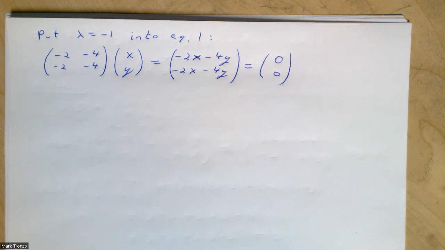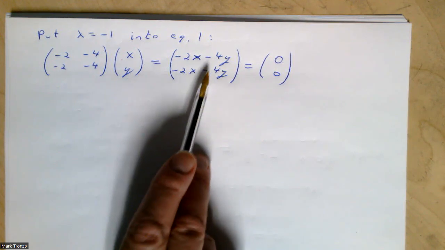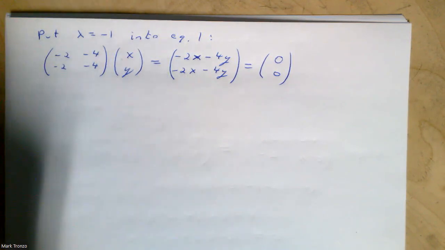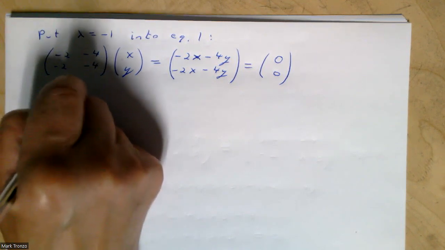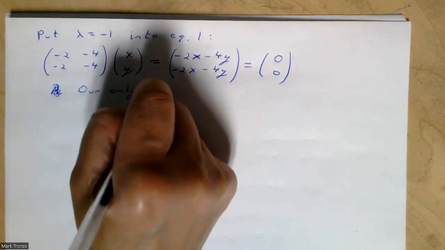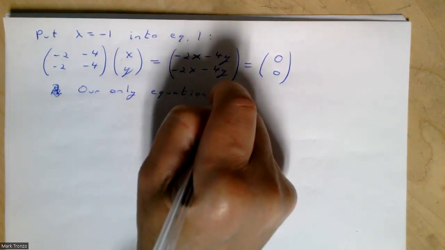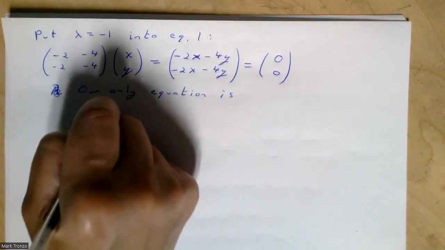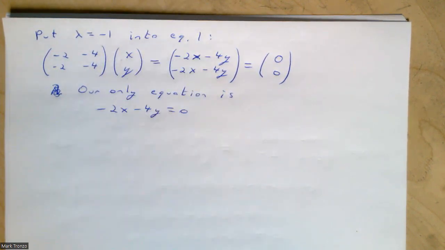And then we want to solve for x and y. Notice we really just have one equation here because these are the same. So our only equation is minus 2x minus 4y is 0.